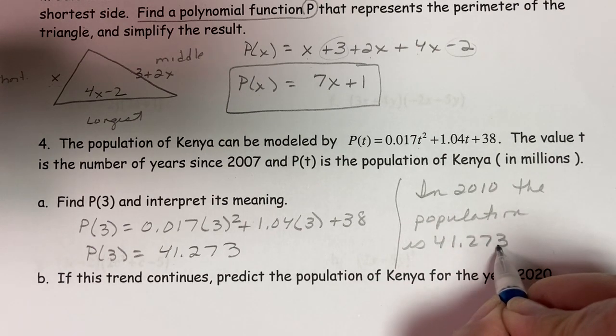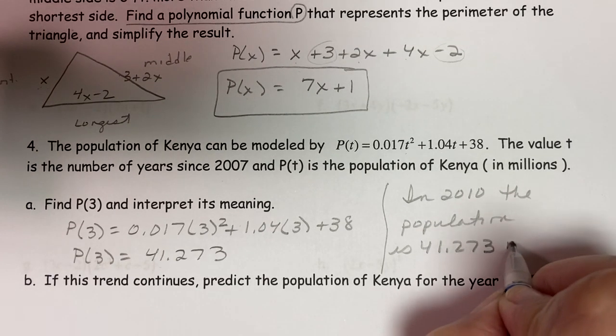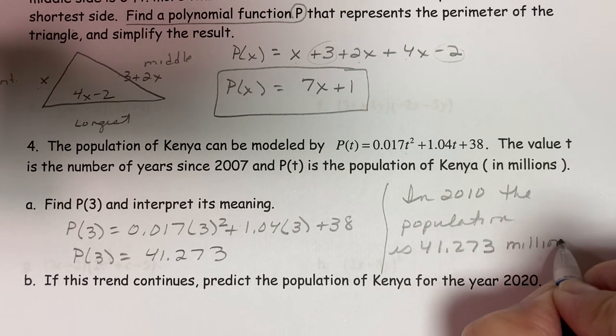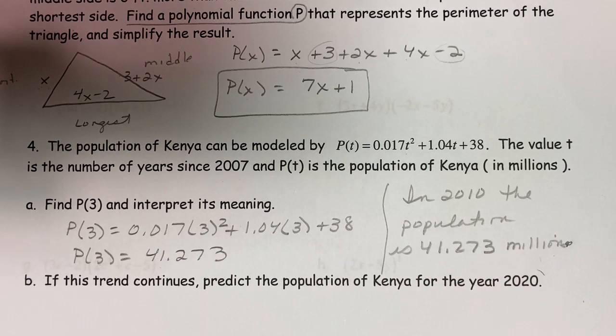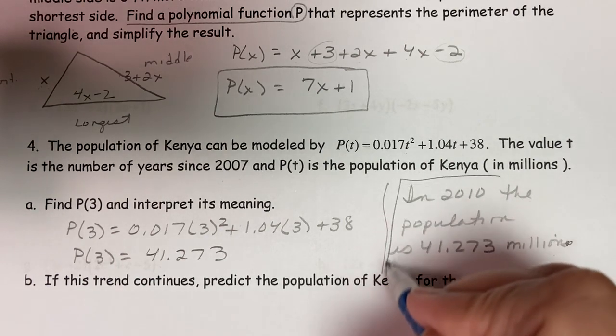Now, remember, what did they tell us? The population is in millions. So it would be 41.273 million people. And that's the interpretation.